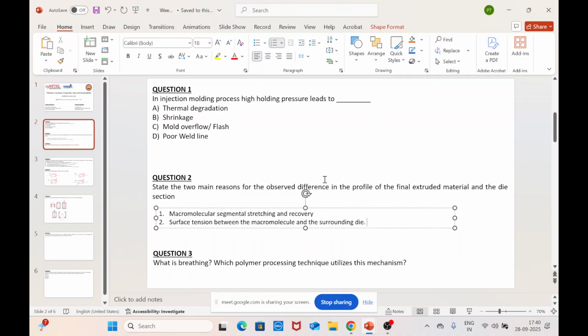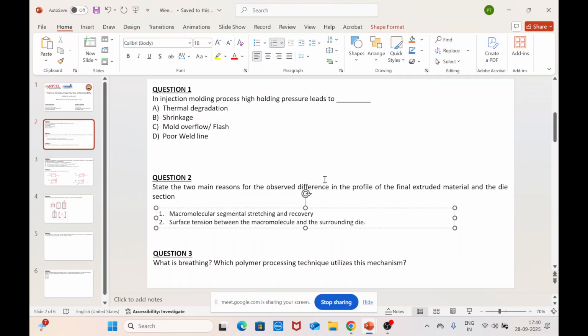The primary reason is the macromolecular segmental stretching and recovery. The other reason is the surface tension between the macromolecule and the surrounding die. Because of these two reasons, there is an observed difference in the profile, or you can say shape, of the final extruded material and the die section in the extruder.